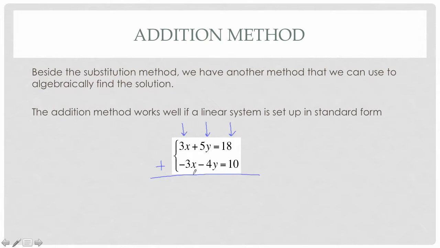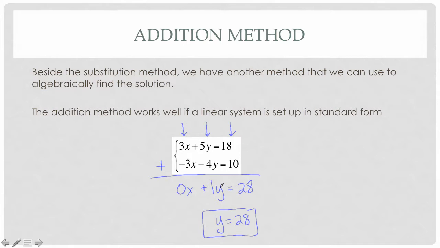So when I add things to both sides, I have 3x plus negative 3x turns into 0x. 3 plus negative 3 is 0, right? 5y plus negative 4y is going to become just 1y, positive 1y. That's equal to 18 plus 10 is 28. And look at what we have. If I take away the 0, I just see y is equal to 28.